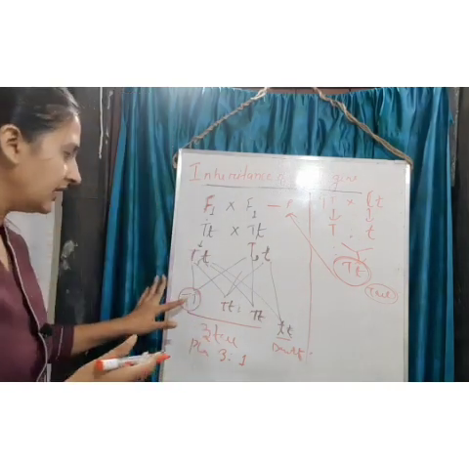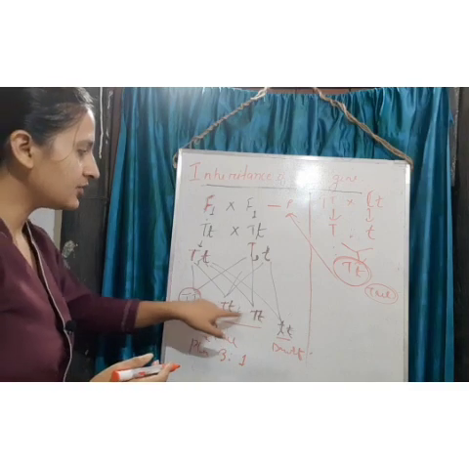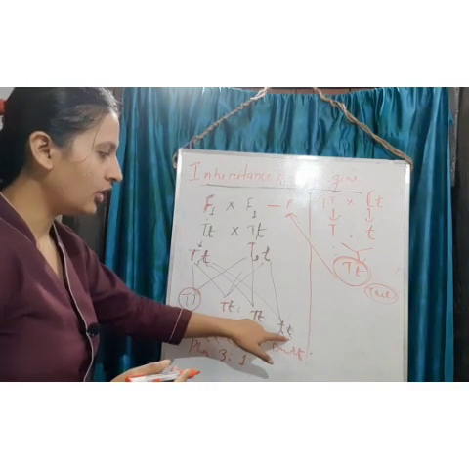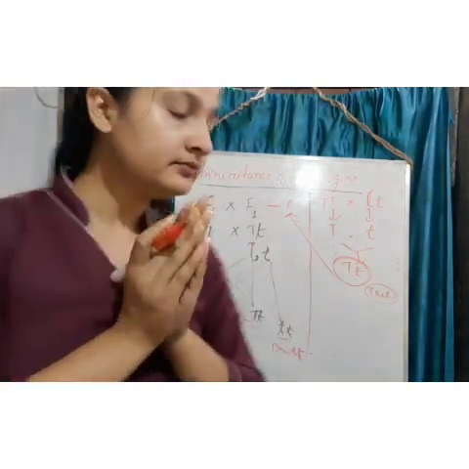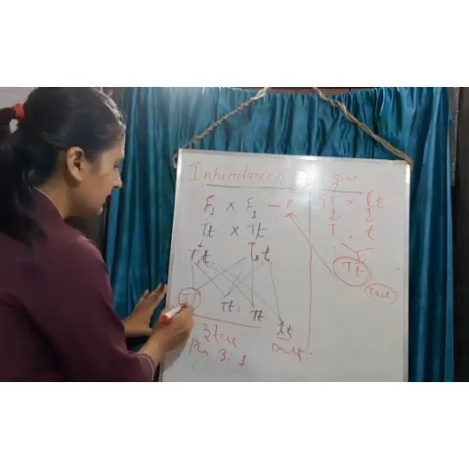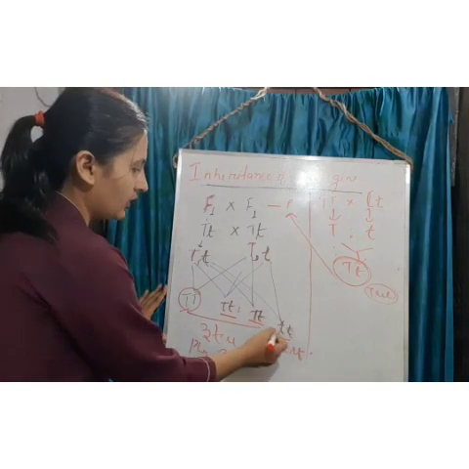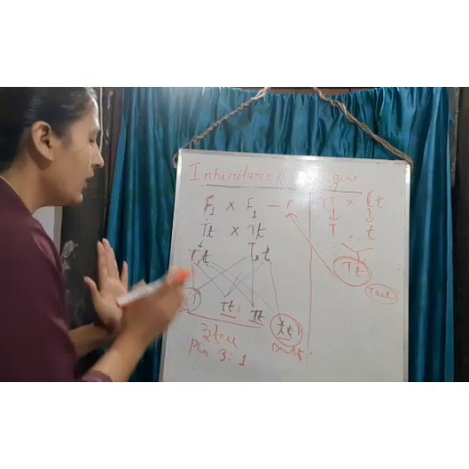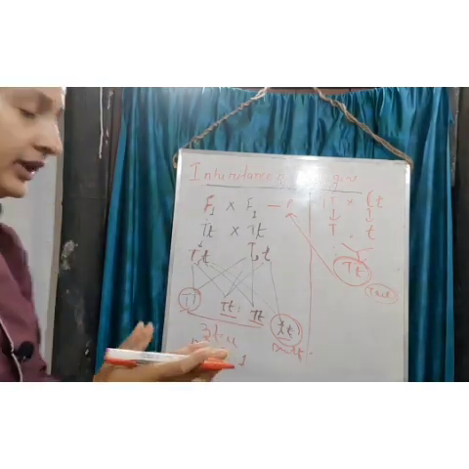So this one is pure tall, this is your heterozygous, and this is again your homozygous. If we see phenotypically, this is tall, this is tall, this is tall, and this is dwarf. So 3:1, 3 tall and 1 dwarf.